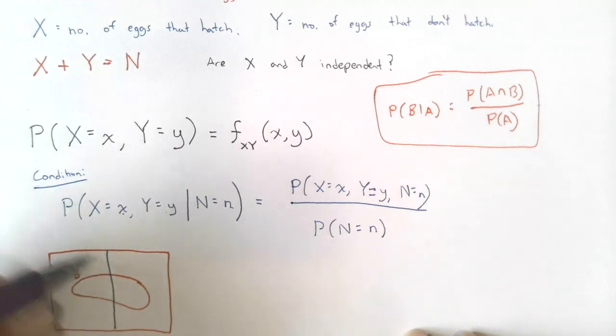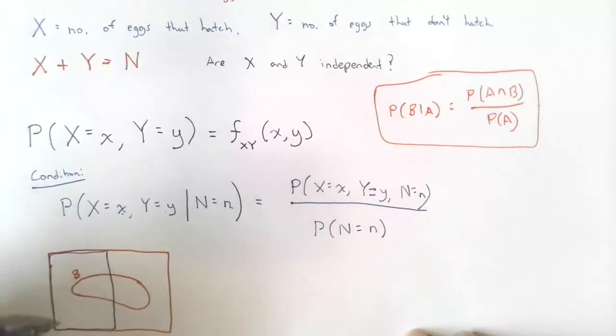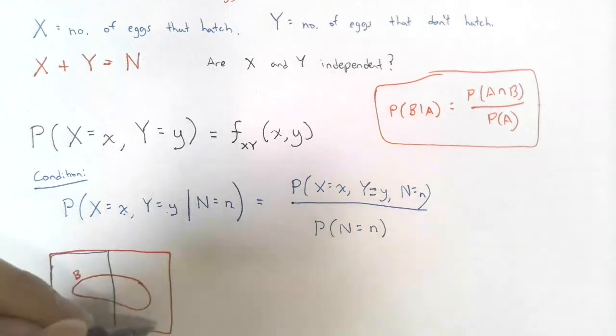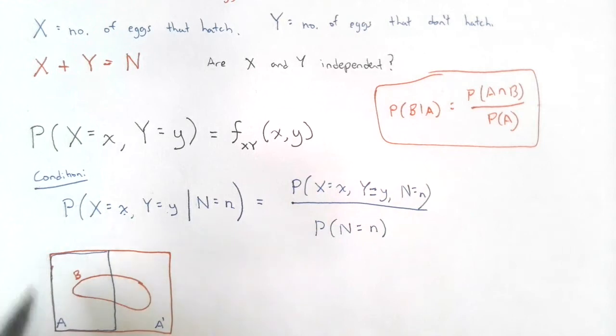I'm going to call this first half A. Now you may remember that if this is A, and this is everything that's not A, then we can call this A prime. So the first half of my sample space is A, and the second half is A prime.